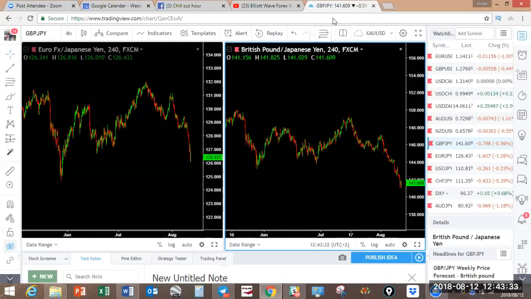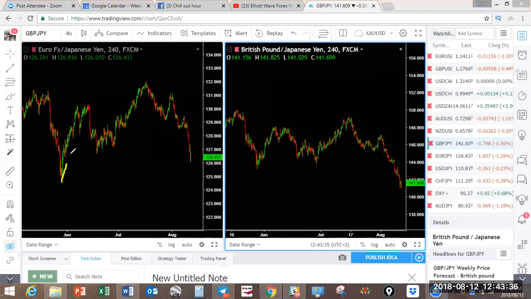So on the left hand side, you've got euro yen, and the right hand side is pound JPY. This is the structure that we're looking at on pound JPY, like that. And you've got this similar structure. This is the structure that we traded up and down. Okay, we get the move down, we get a move up, and now we're trading this move to the downside.